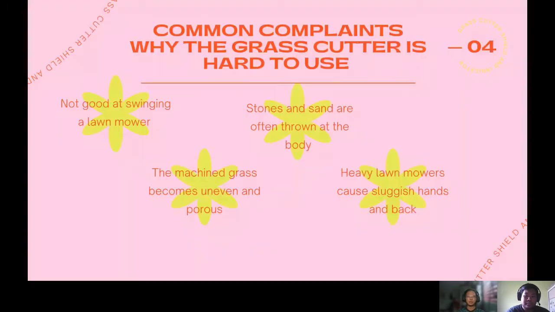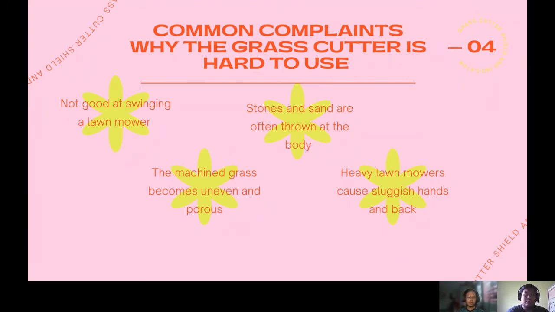Next, these are the common complaints. Why is the grass cutter hard to use? We did a survey using Google Form. We listed all the questions about why grass cutting is so hard. Mostly we collected four main reasons. Firstly, not being good at swinging the lawnmower.